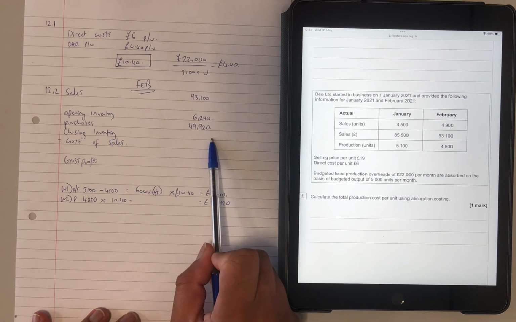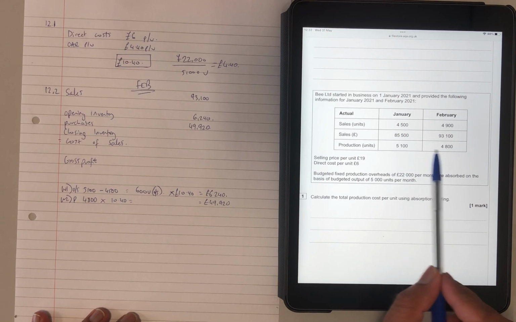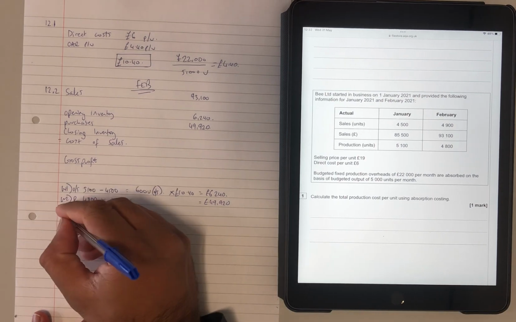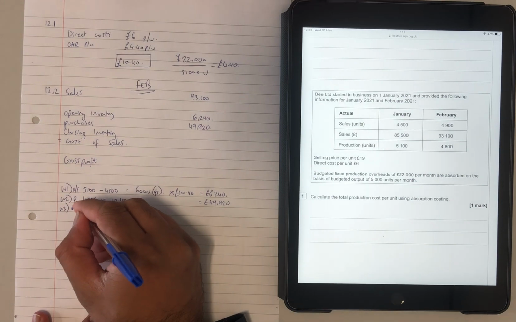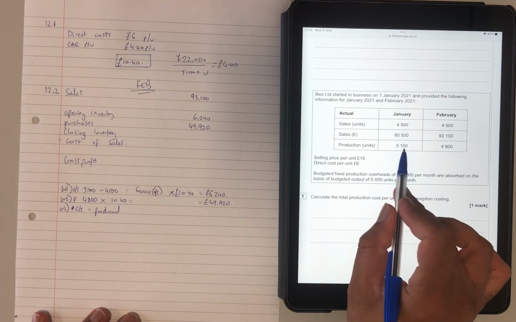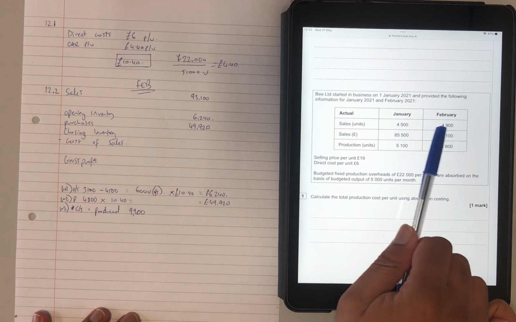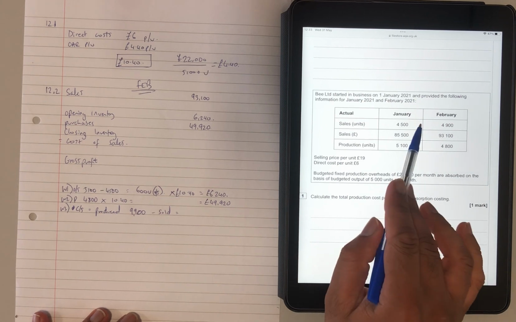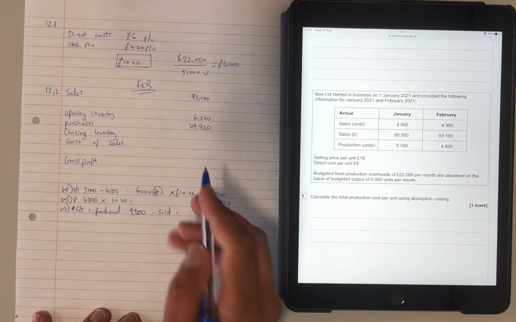And then we have closing inventory. Now, again, just think logically, right? Over the 2 months, how many did we make? We made 5 plus 4 is 9,900. We made. Workings 3, closing stock. We produced 9,900, but we sold, minus what we sold, 9,400.